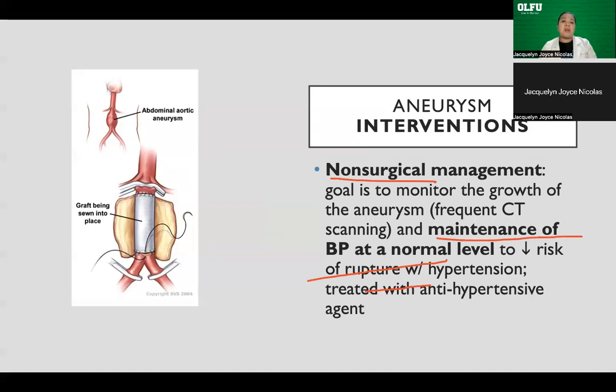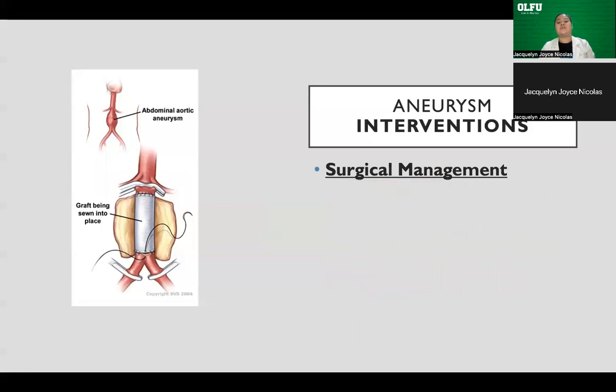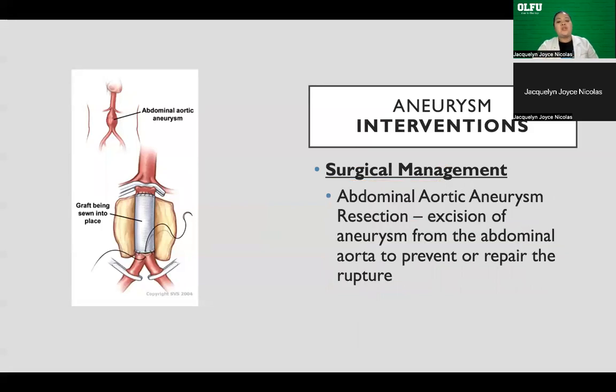Then, syempre, other intervention, dapat alam mo kung lumalaki na siya. Alam mo dapat yung size niya, so you can prepare for impending rupture. Surgical management, that's what you can see on the screen. So we can do abdominal aortic aneurysm resection.